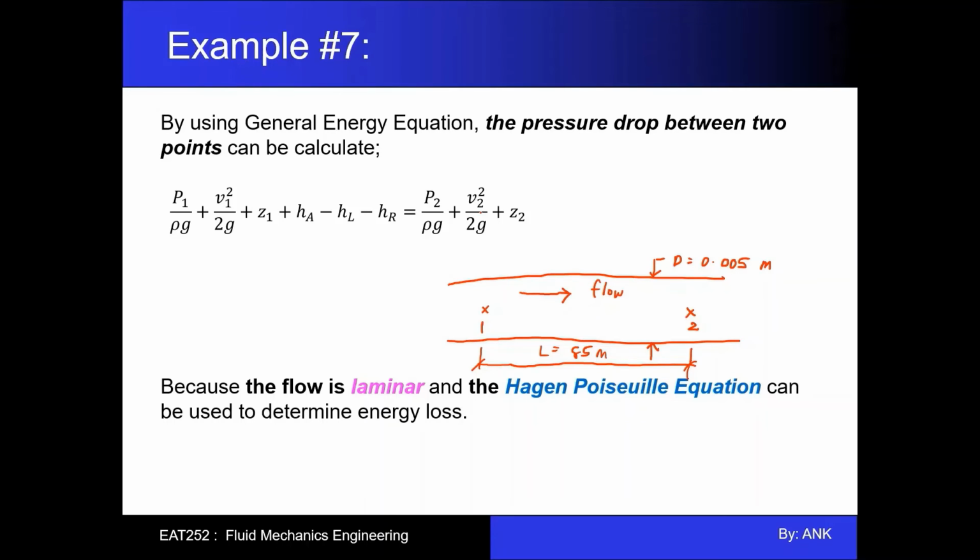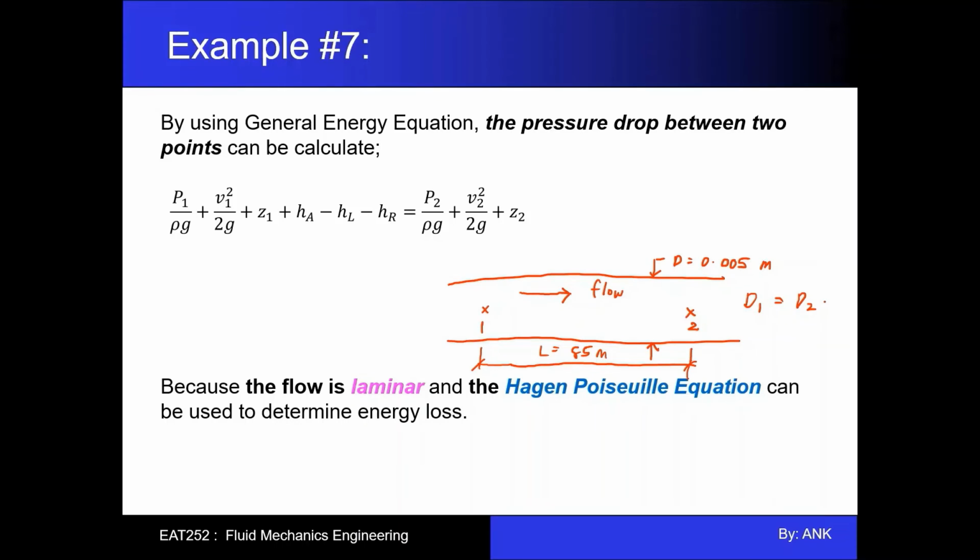From this energy equation, there are several terms we can cancel out. If we look at this pipe, when water flows from point 1 to point 2, there are no changes in the size or the diameter of the pipe. So the diameter for pipe 1 is equal to the diameter for pipe 2.